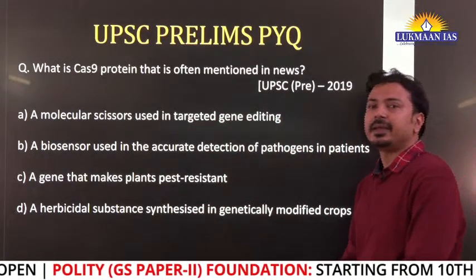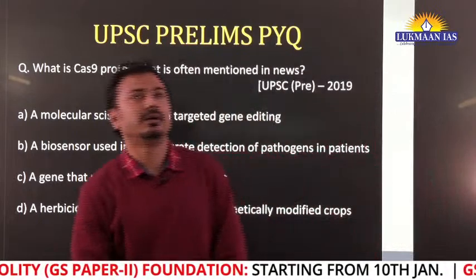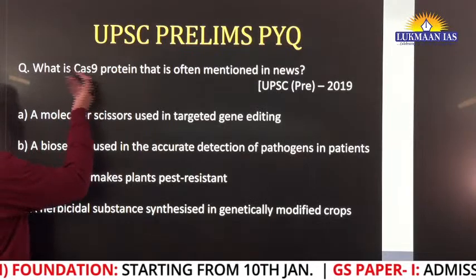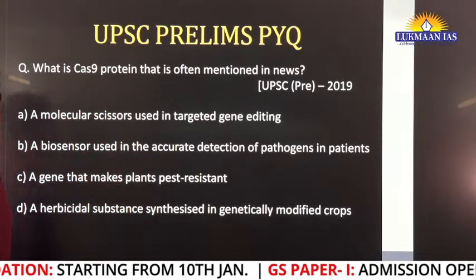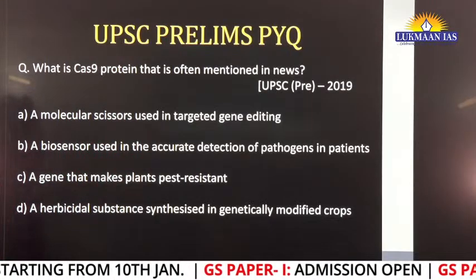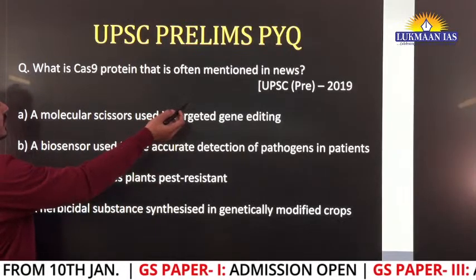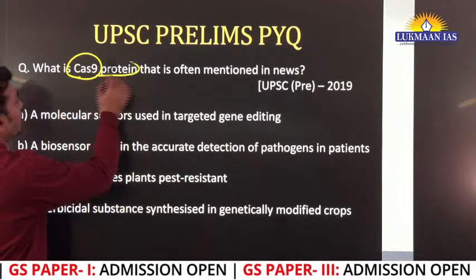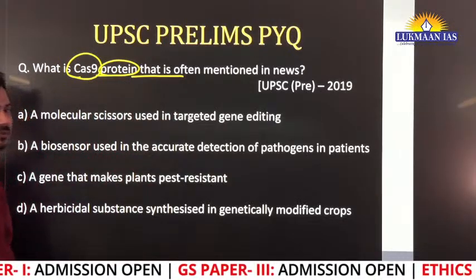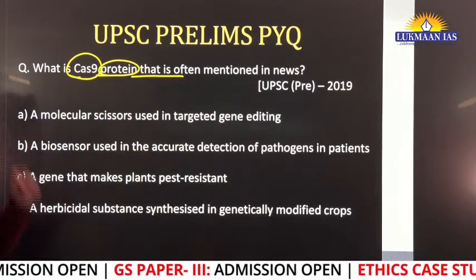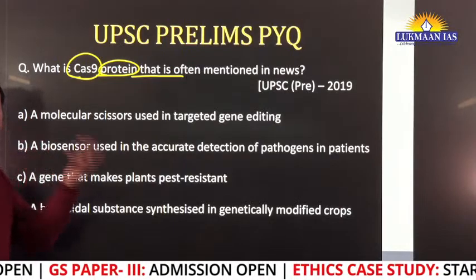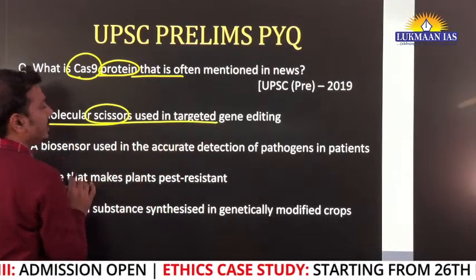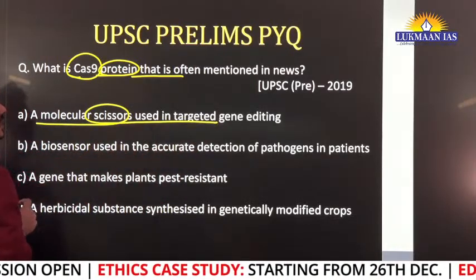In 2020, the Chemistry Nobel Prize went to female scientists who had done research in CRISPR-Cas9 technology, so it was in the news a lot at that time too. In the 2019 prelims examination: what is Cas9 protein that is often mentioned in news? If students are aware of it, they can simply mark it correct: a molecular scissor used in targeted gene editing.